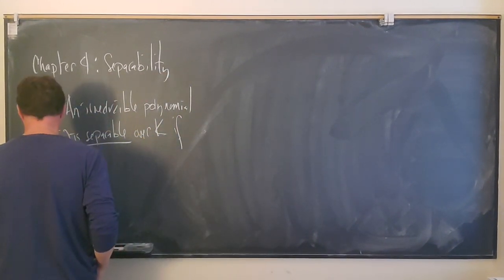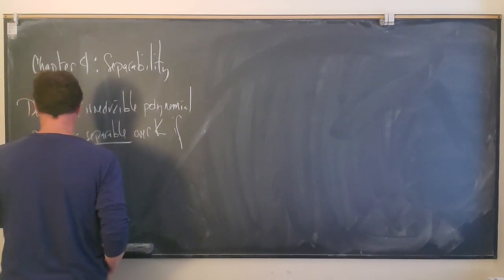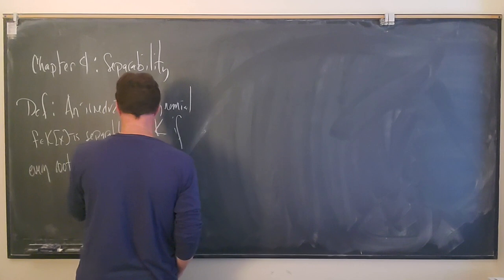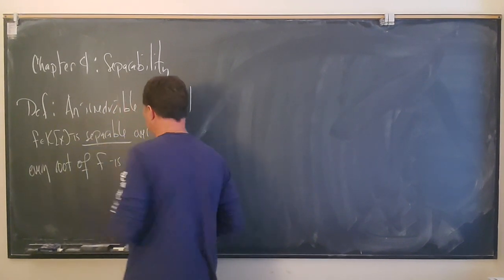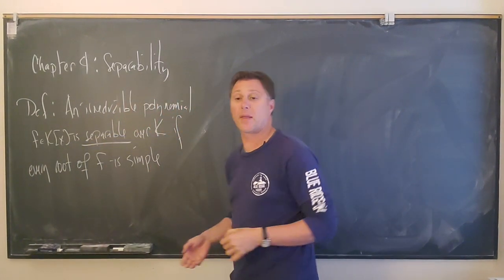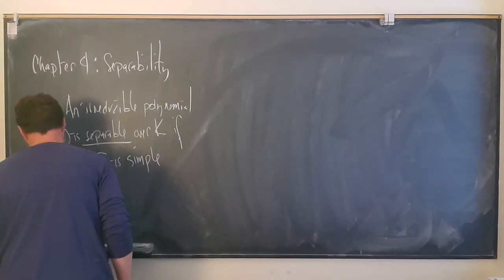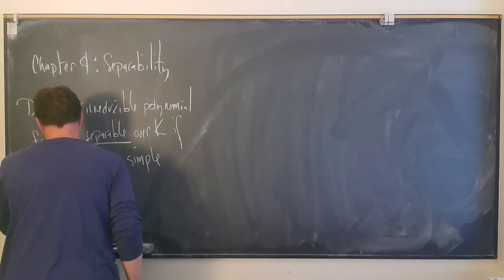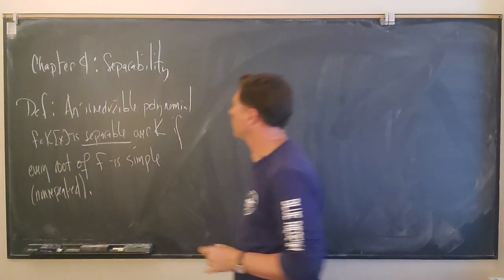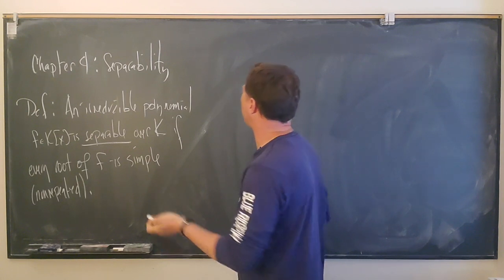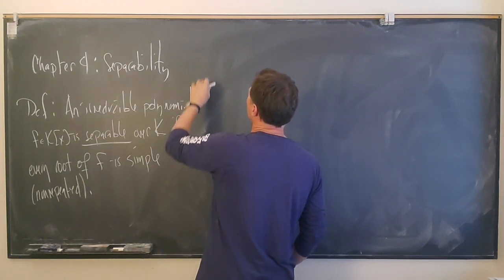If every root of f is simple, which you may or may not have heard this term, simple root, that means a non-repeated root. So an irreducible polynomial is separable if every root is simple. That is one way to say it.